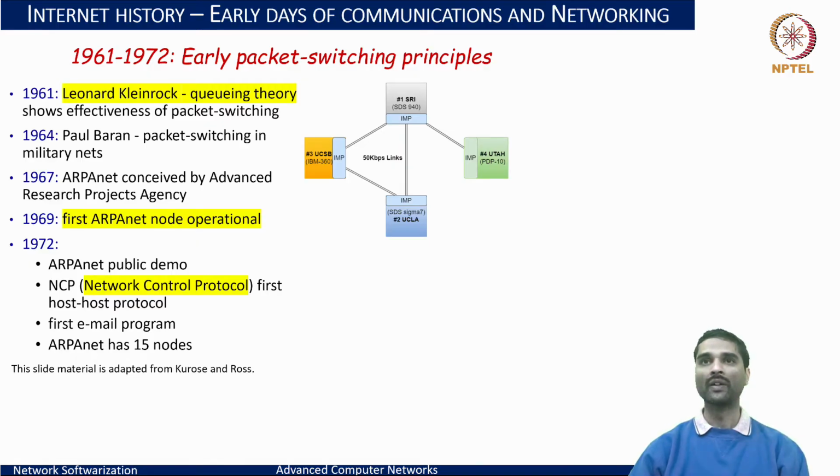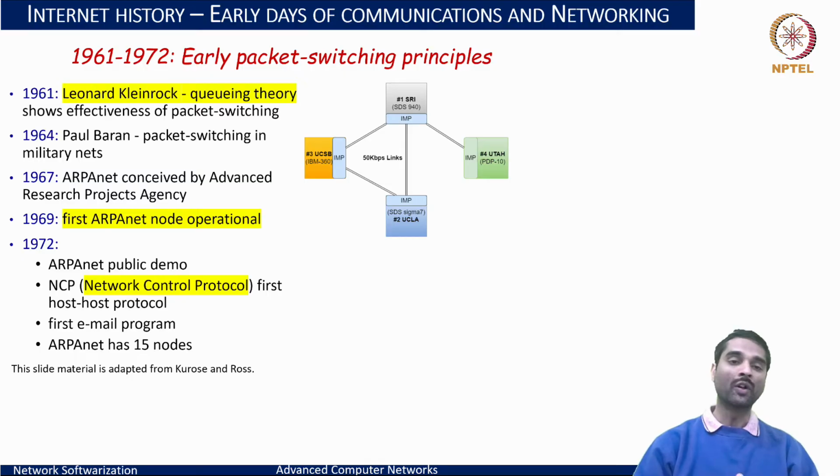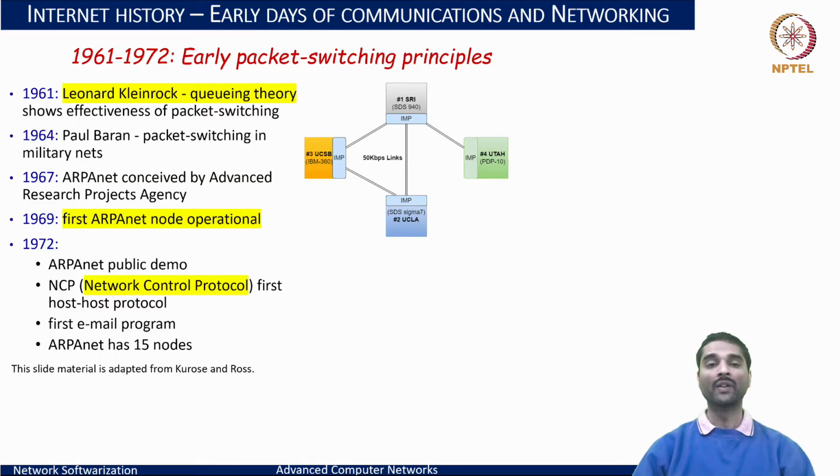This fundamentally laid down the aspects of what we define today as the internet, which is a packet-switched network. Those evolutions stem back to the early days of the 1960s when the ARPANET started to operate. And the first ARPANET operational node was achieved in December of 1969.